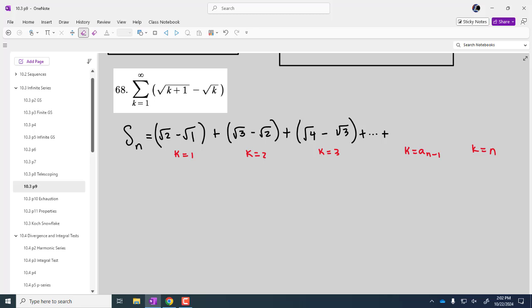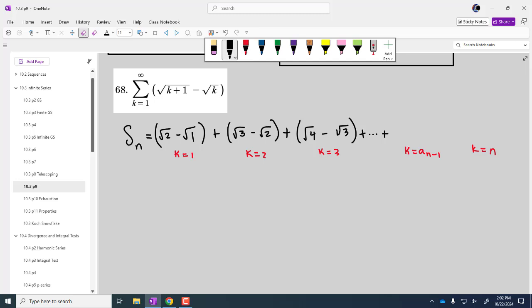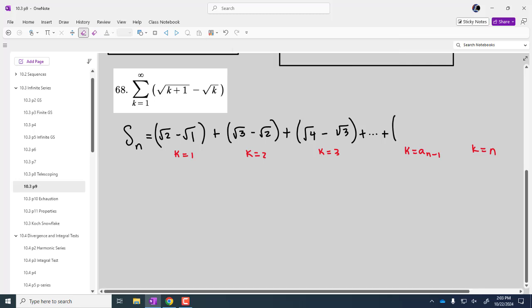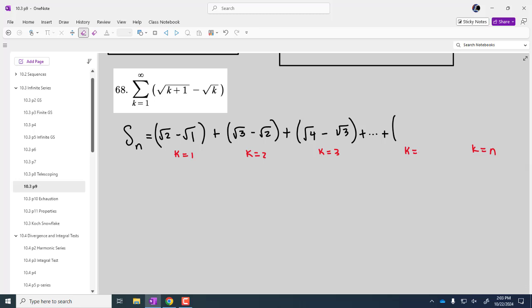So to get to a sub n minus 1, the n minus first term, we're going to plug in n minus 1 in for k. Actually, this should just be n minus 1. N minus 1 here.